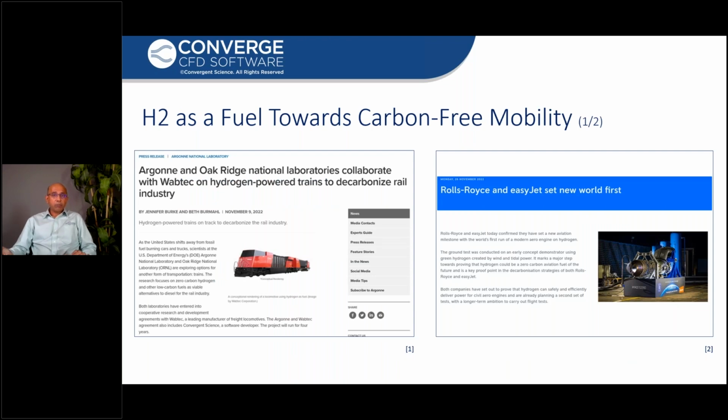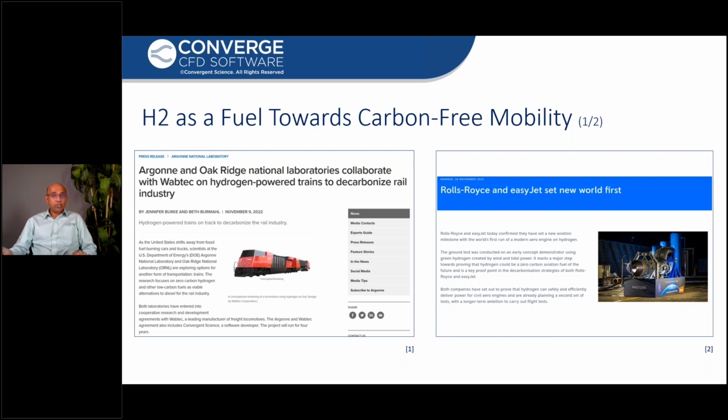Hydrogen combustion is quite popular these days as a means of carbon-free mobility, and I would like to talk about two specific cases I came across recently. On the left-hand side of my screen, I show a press release from Argonne National Laboratory, where both Argonne and Oak Ridge National Laboratory have entered into a cooperative research and development agreement with Wabtec, which is a leading manufacturer of freight locomotives.